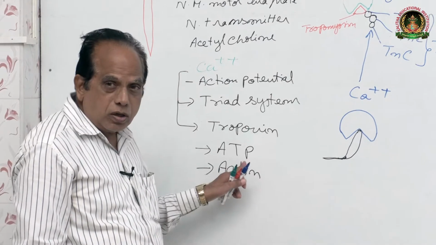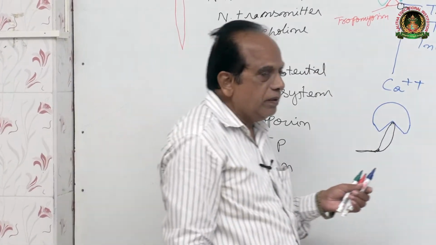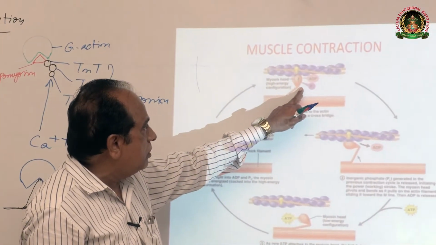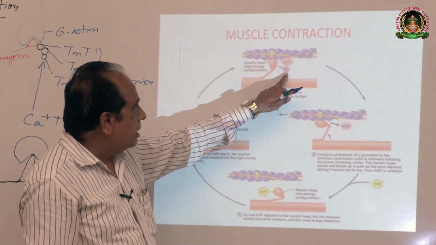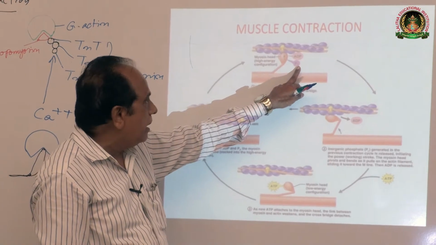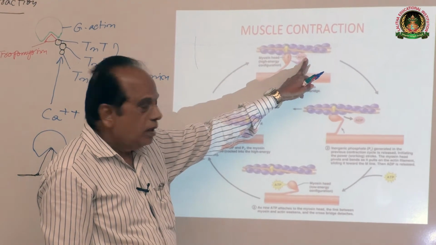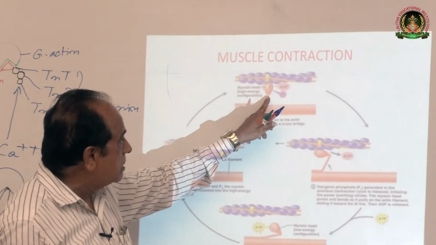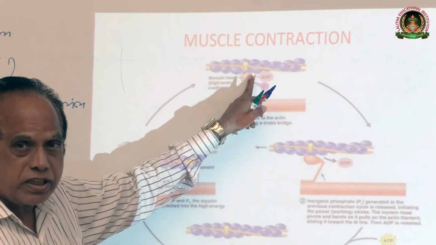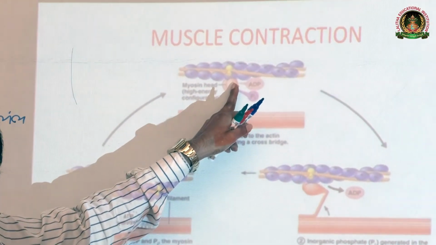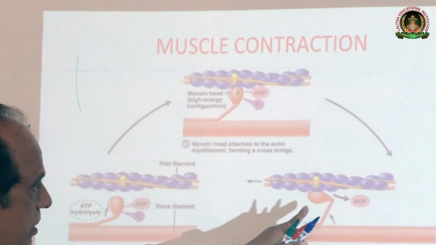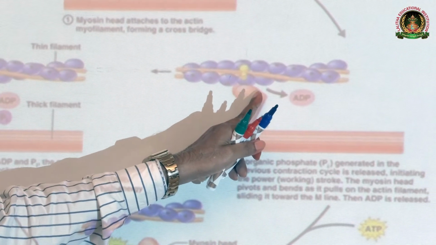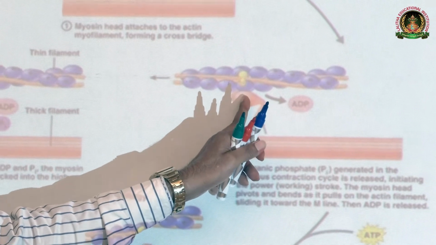Because of the hydrolysis of the ATP, high energy phosphate and ADP are generated, and because of the energy the head fits into the active site of the actin, and the head of the myosin is pulled inwards.